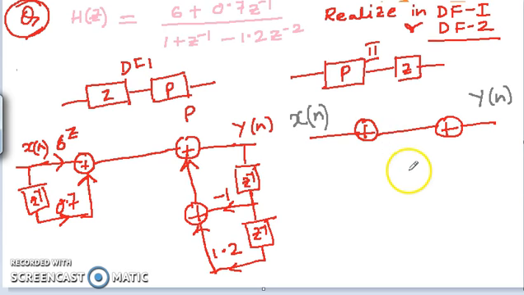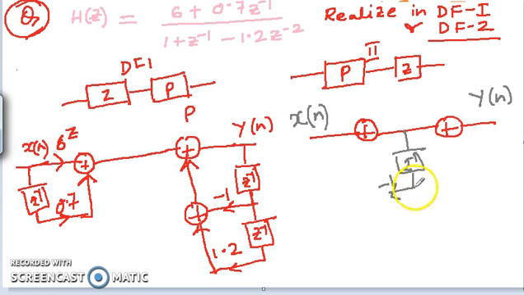Now the coefficients will come for the poles, and for poles the coefficients will be in negative form of what is given in the equation, just reversed. When we put a delay element here, it will be z inverse. The value of the coefficient is plus 1, and we will take it as minus 1 here and add it with the x[n] part.